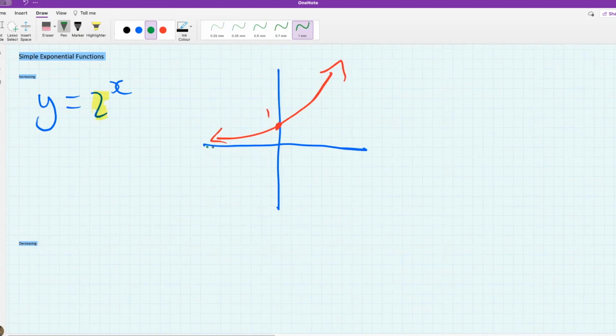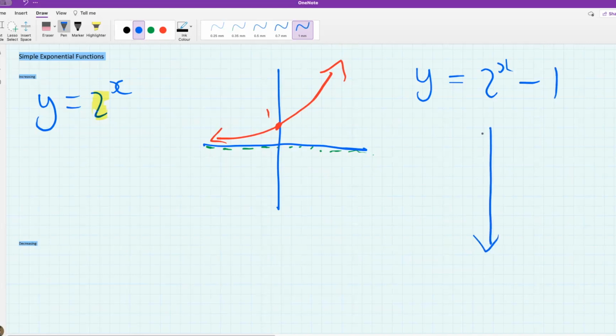There is what's called an asymptote over here that the graph never crosses. But if I take that basic increasing exponential and I make a transformation on it, let's say I do that graph, what that does is it shifts the whole graph down by 1. And so in this scenario, the asymptote is now at -1, and the intercept will be somewhere different.